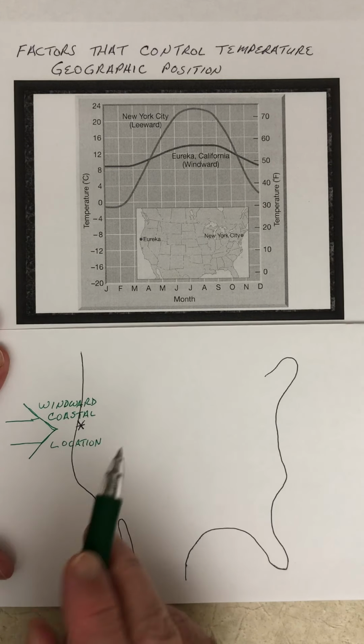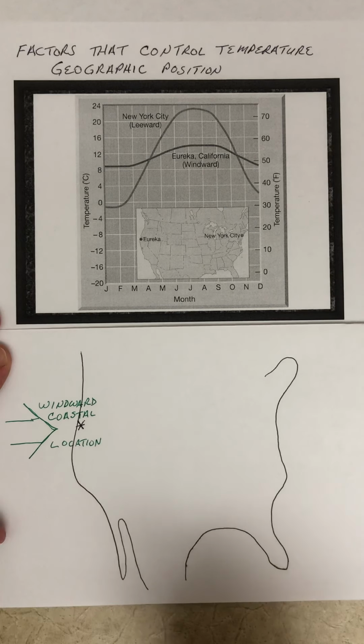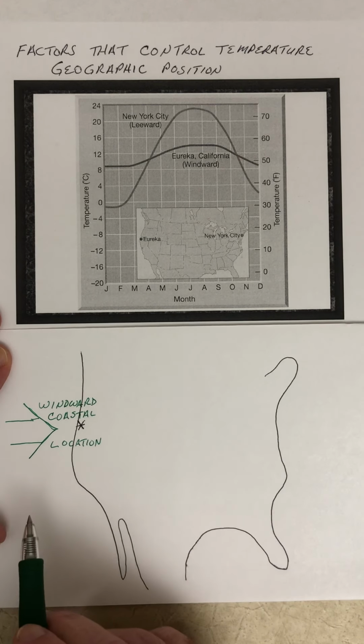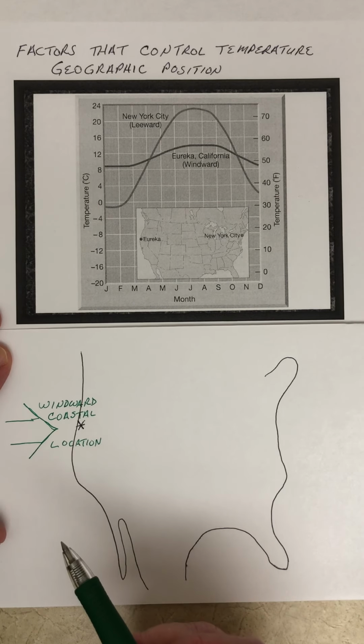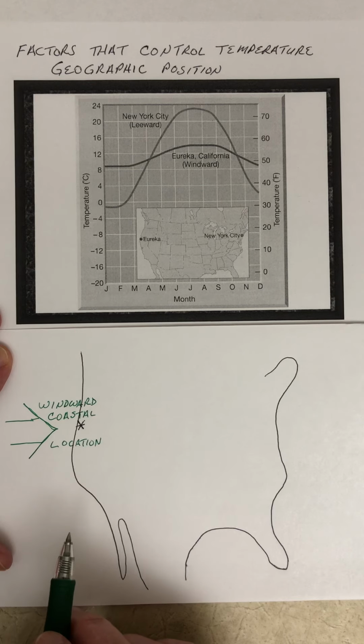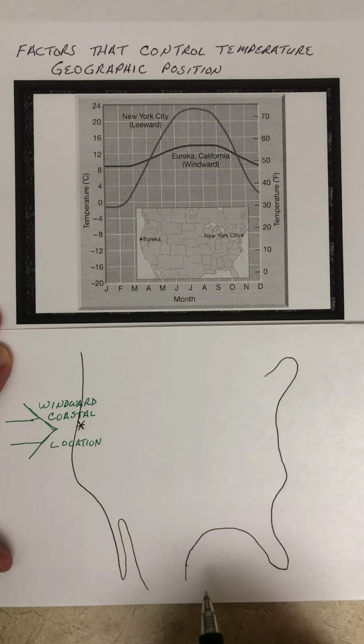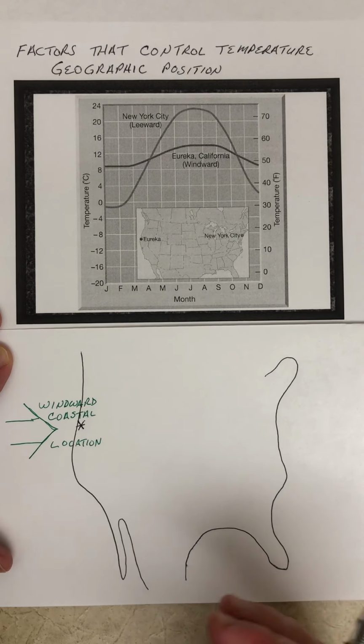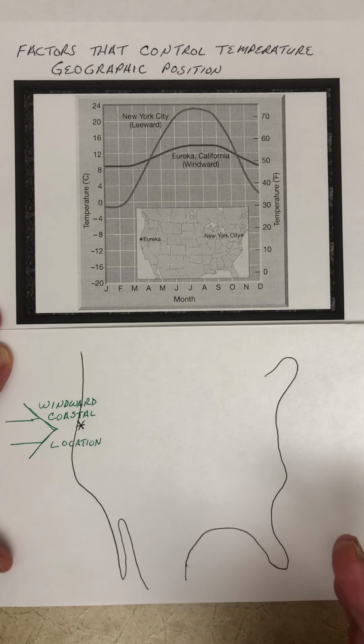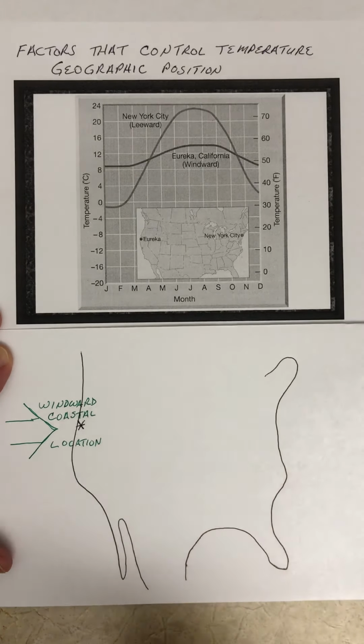This air has been over the ocean for 6,000 miles, and while it's been over the ocean, all of those factors we talked about earlier in this chapter apply. Water is a fluid, it mixes, it transfers its heat through convection throughout the water. The water is transparent, so solar radiation can penetrate to a greater depth and warm up a greater depth.